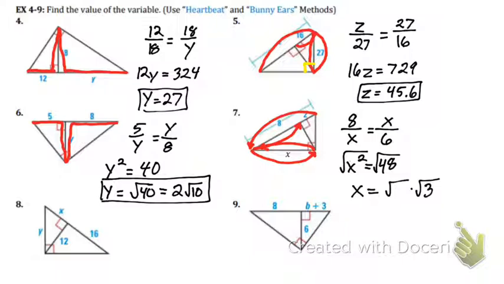Because 4 times 3 equals 12, not 48. I said radical 4 times radical 4. Oh, okay. There we go. Because of the 4s, we actually have 4 square root of 3, which would be x equals 4 radical 3. In other words, 16 goes into 48 3 times.